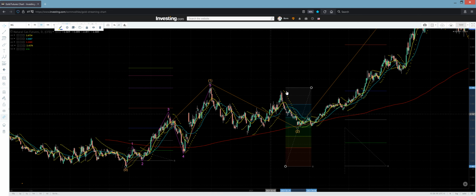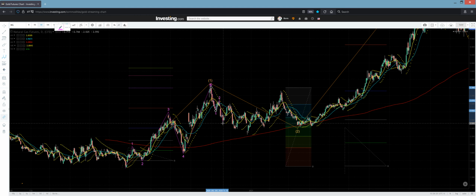So A, B, C. And if you notice the characteristic of wave A, it is a leading diagonal down, meaning it moves 1, 2, 3. This looks to be 3, 4, 5, something like that.